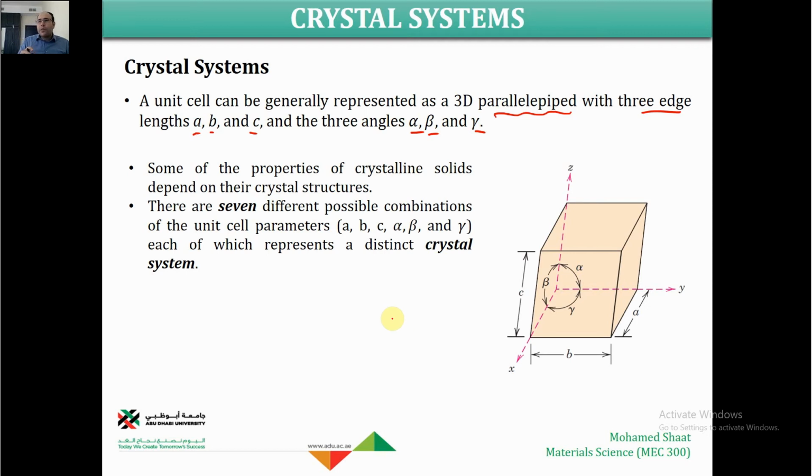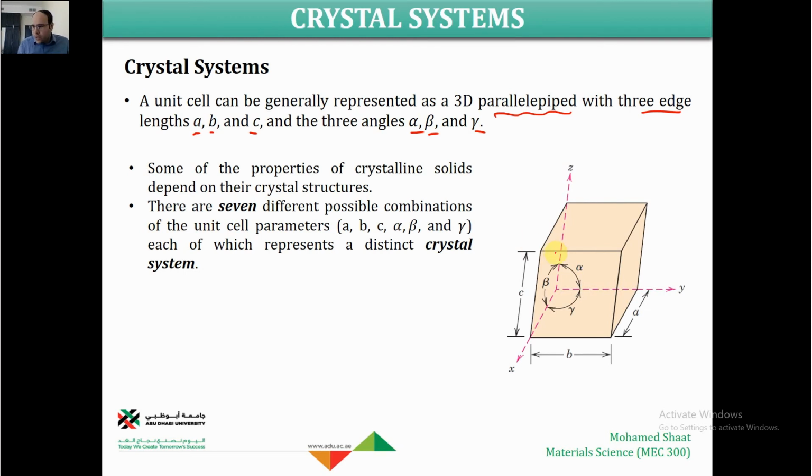The geometry of the unit cell is described by 6 parameters, 3 lengths and 3 angles. We have 7 arrangements of these a, b, c and alpha, beta, gamma.